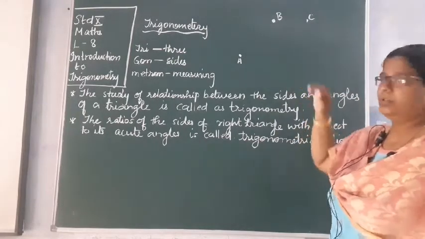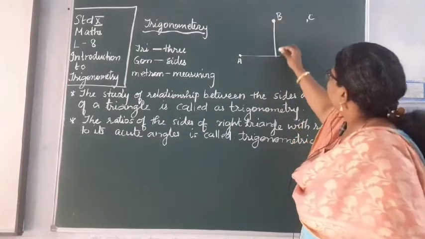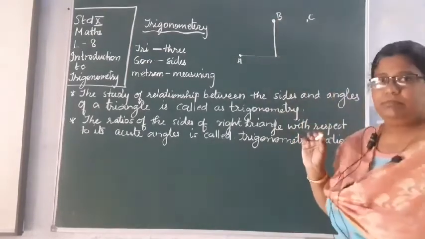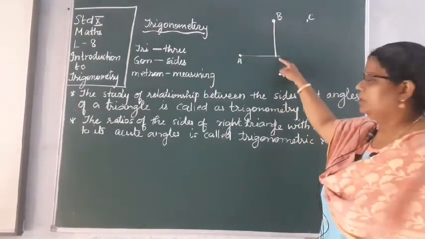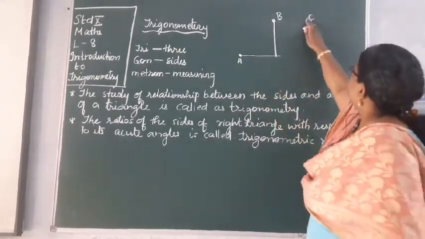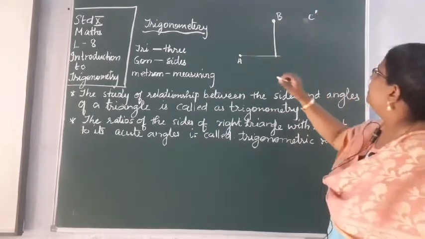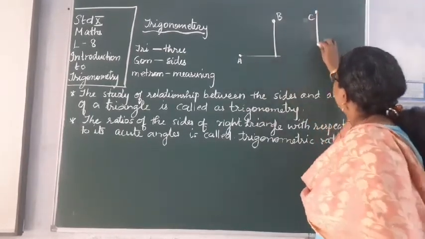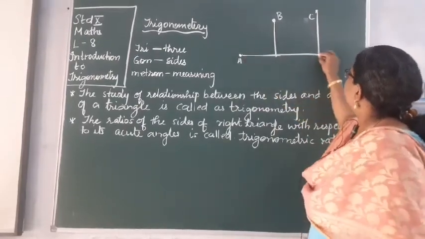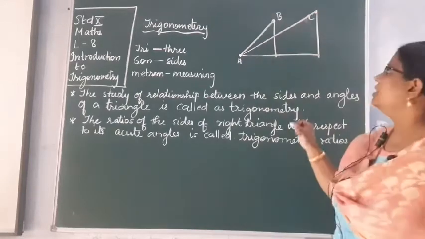balloon from the ground? Okay, so if we take the first situation, this will be the height of the balloon from the ground. Okay, the girl is standing there. Now they have spotted the balloon say at the point C. Then what is the height of the balloon from the ground? So all these can be found out with the help of trigonometry.